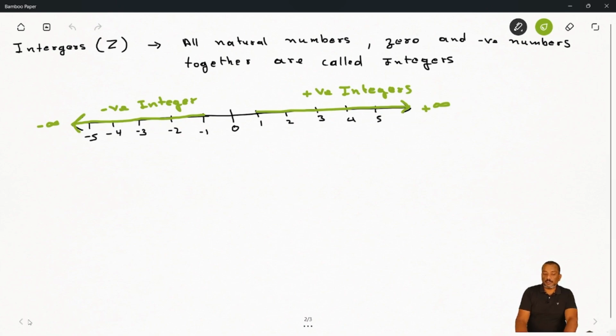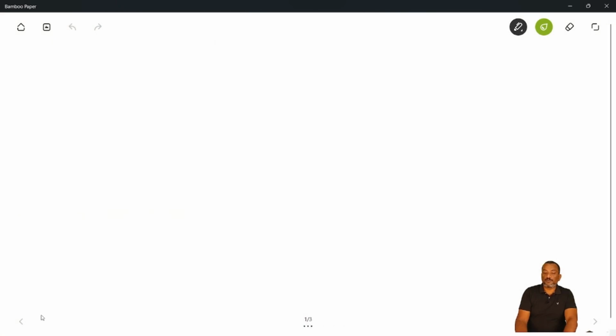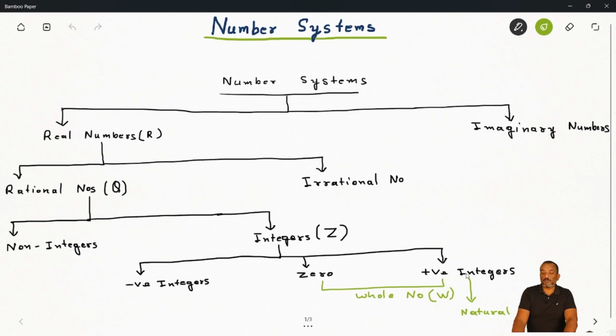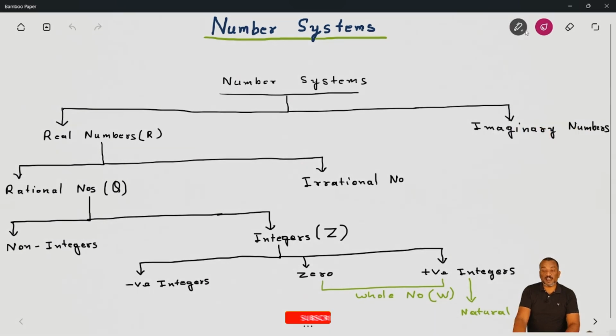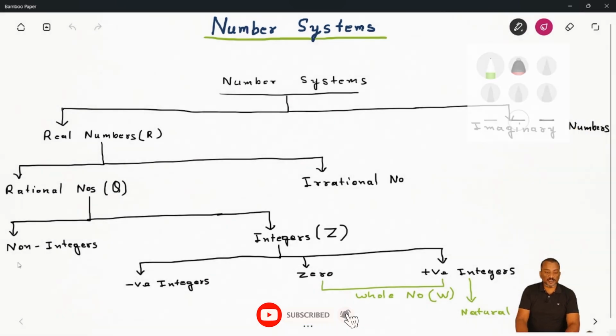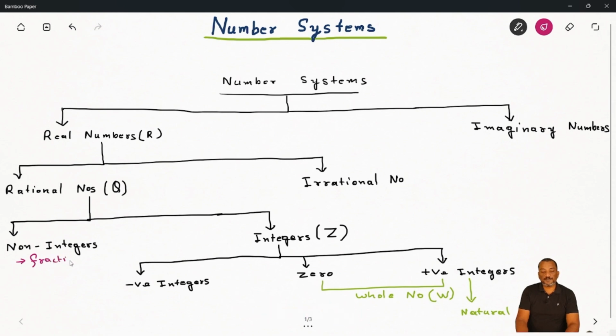Now in the chart you can see we have done the natural numbers, whole numbers, plus integers, 0 and negative integers. Now coming to non-integers, what is a non-integer? So non-integers, basically you can say, examples are fractions, decimals, okay, here you can say fraction numbers, and you can say examples of decimal numbers are examples of non-integers, okay.